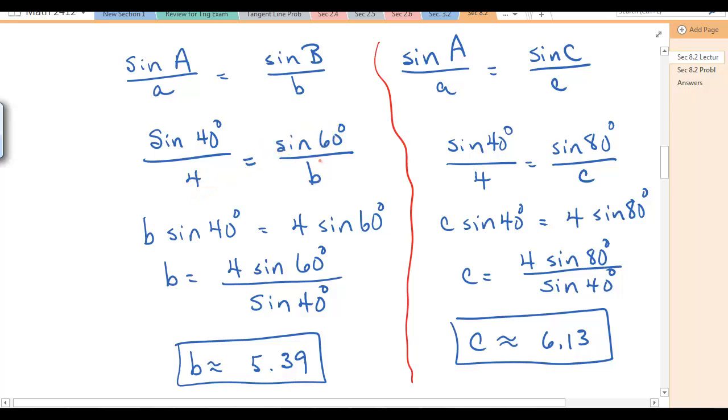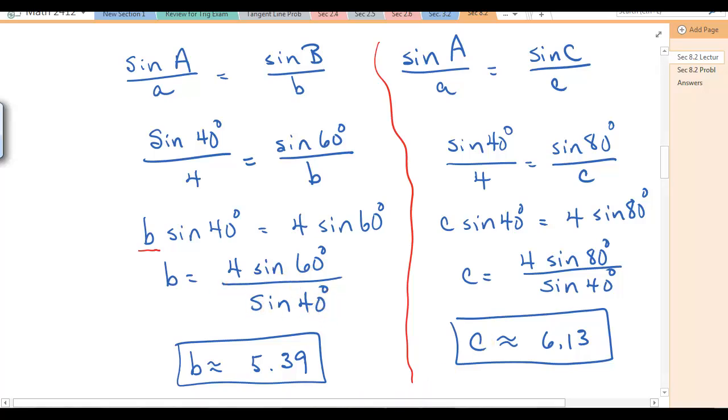You want to do it where you have one thing missing. Then because this is a proportion, we can just cross multiply. b times sine 40 is equal to 4 sine 60. We're trying to solve for b, so we divide by sine 40. So we have b is equal to 4 sine 60 divided by sine 40.